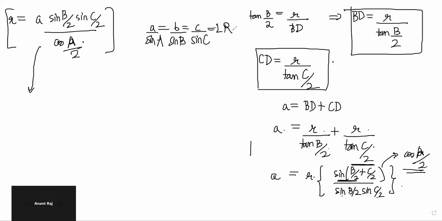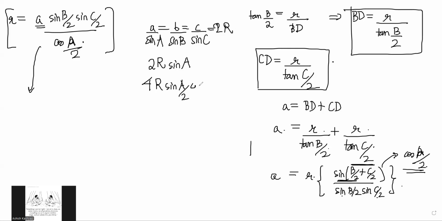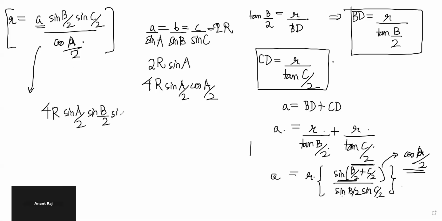So we know that a is 2 capital R sine A. Therefore it is 4R sine A by 2 cos A by 2, and cos A by 2 gets cancelled, so it basically becomes 4R sine A by 2 sine B by 2 sine C by 2. This is the third formula.